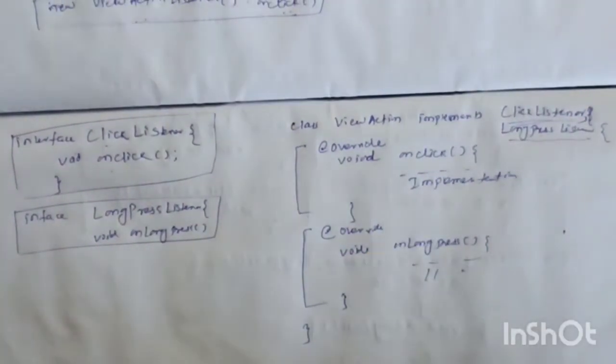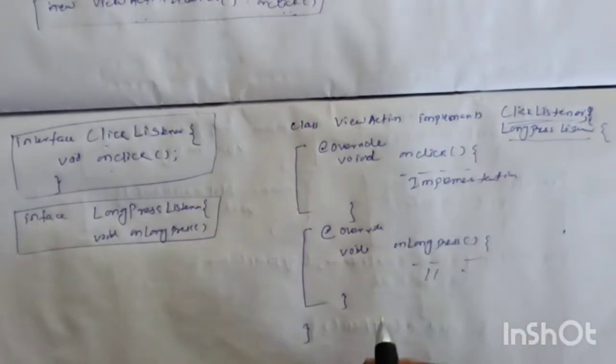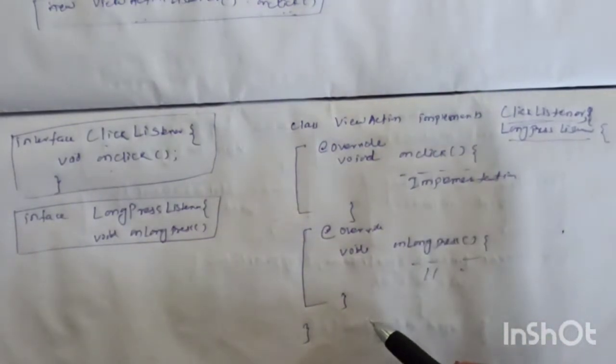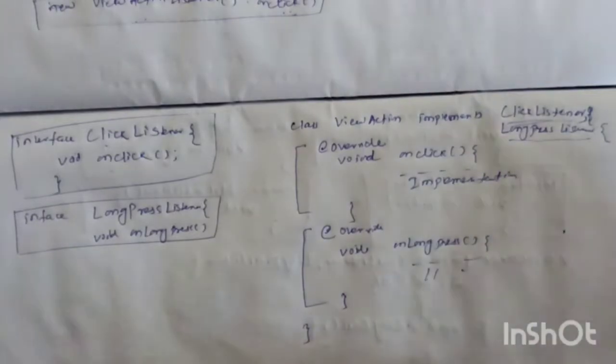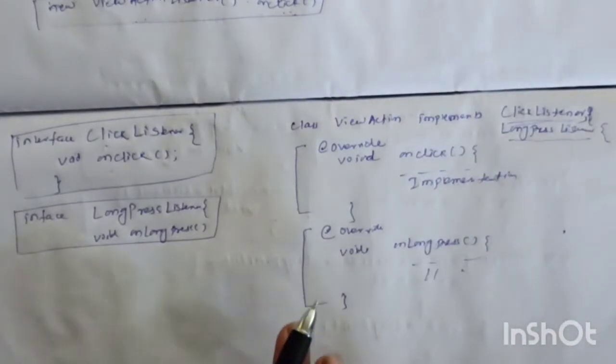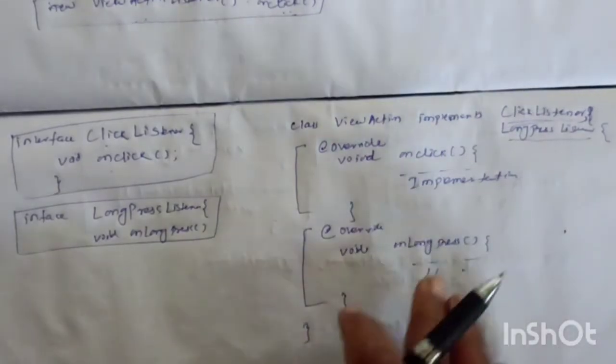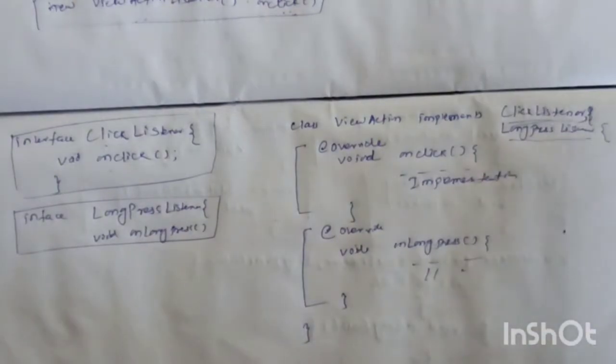In this case, the benefit is that there is no method we have written which will be empty or unnecessary. But in our previous example where we had all four methods in one listener, I had to give empty implementations. Here there is no empty implementation.